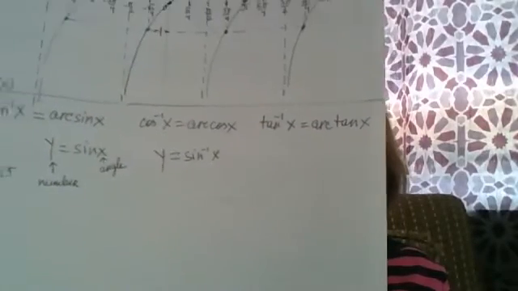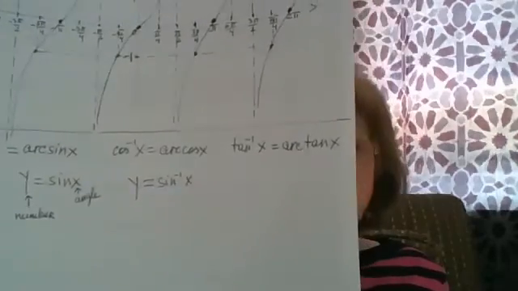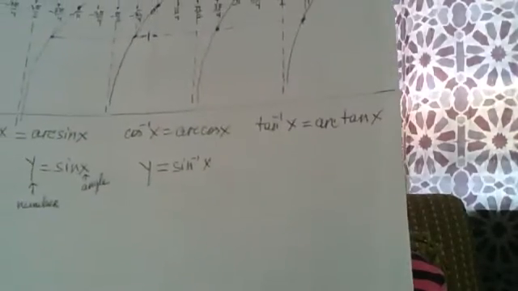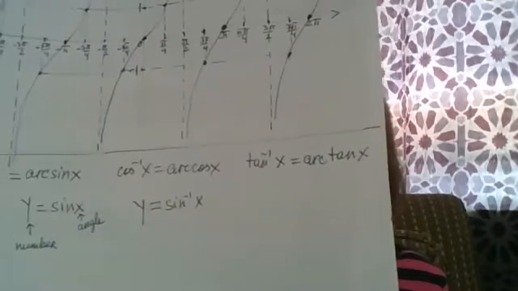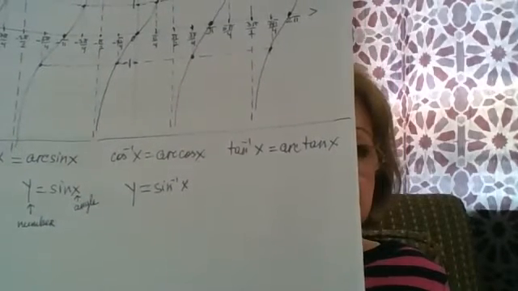Y equals arc sine of x. And now we need to discuss this in the same way. What about this x? Don't forget, these two functions are inverse to each other. What can I say about variable x, which is the independent variable here? Is it an angle or a number? Number.